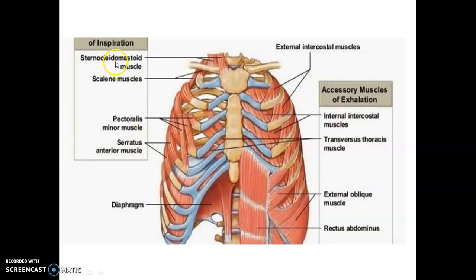The muscles responsible for inspiration include sternocleidomastoid, scalenus muscle, pectoralis minor muscle, and serratus anterior muscle. Some of these muscles we studied in our last semester. Accessory muscles of expiration are internal intercostal muscle, transverse thoracic muscle, external oblique muscle, and rectus abdominis muscle.